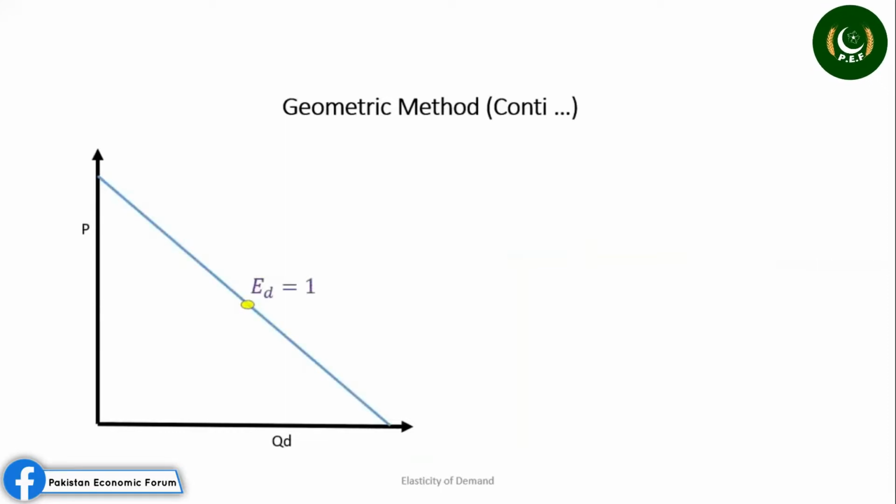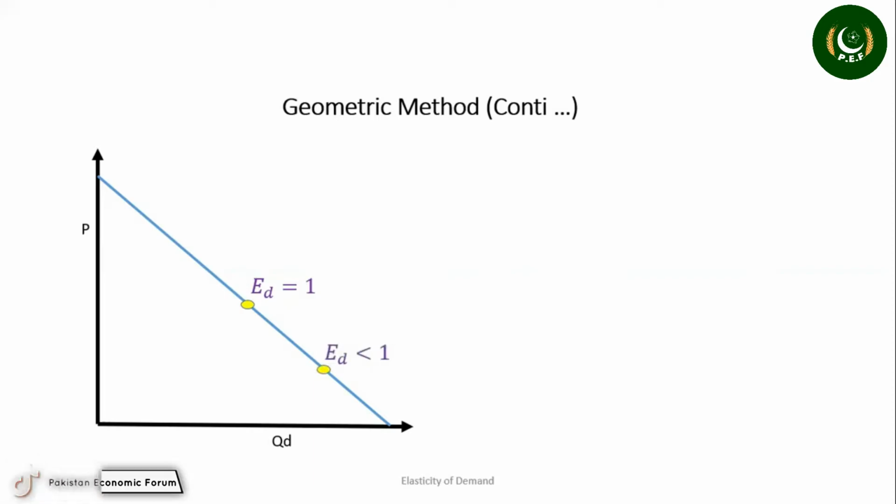Based upon our understanding of the geometric method, we can easily conclude that if our selected point lies in the middle of the demand line, since the distance along the demand curve to the x-axis and along the demand curve to the y-axis will be the same, the absolute value of elasticity of demand in this case will be equal to 1.